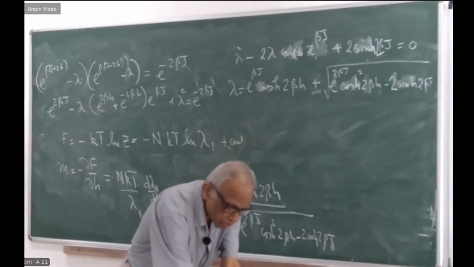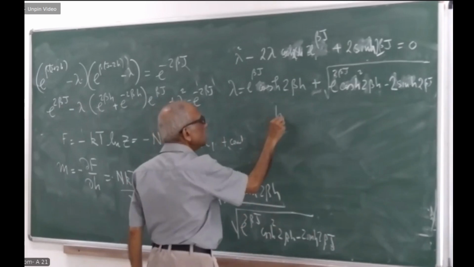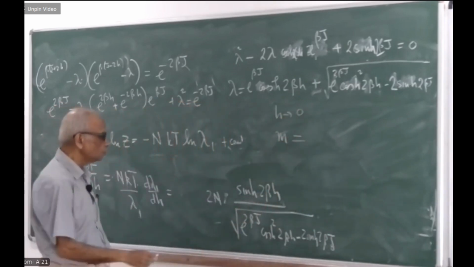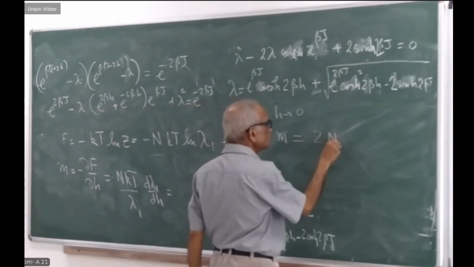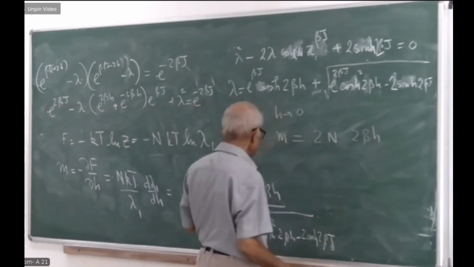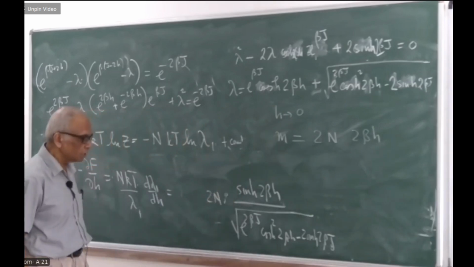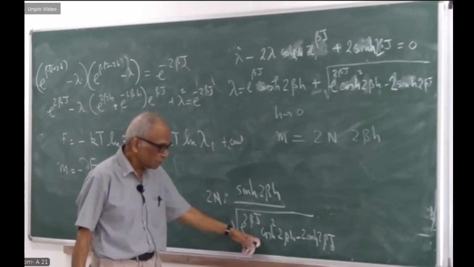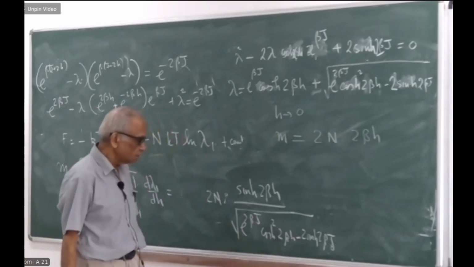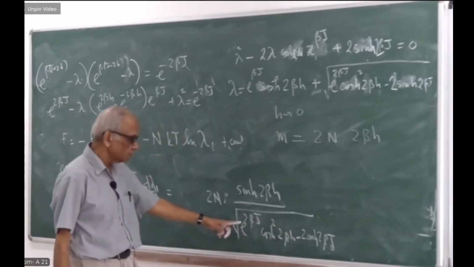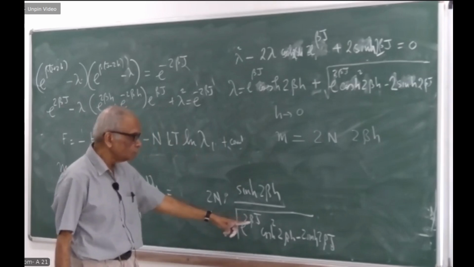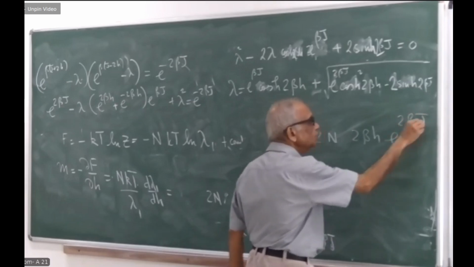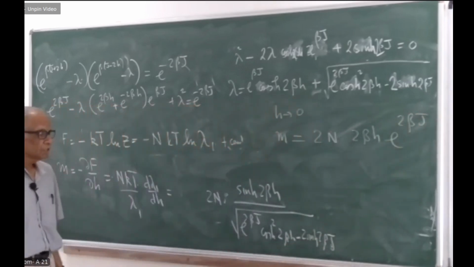So for h tending to 0, the magnetization is 2n, and then there is 2 beta h, that is the sine hyperbolic, and now there is e to the power 2 beta j over here and minus this over here, which means that there is e to the power minus 2 beta j, which means that this is e to the power 2 beta j. Correct, right?